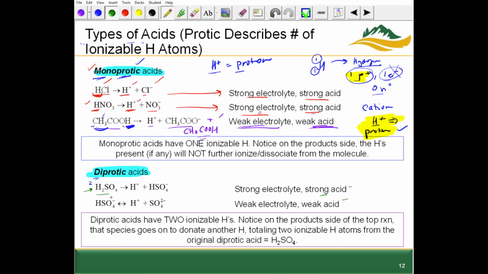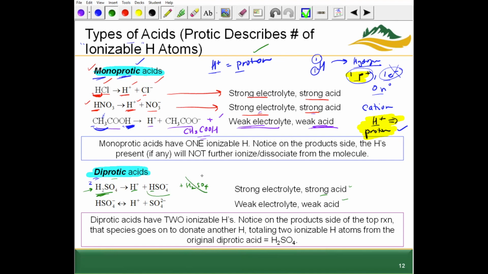So H2SO4 is a diprotic acid altogether because it can technically dissociate 2 hydrogen atoms, or 2 protons, we can say now. So when the first proton dissociates, we still have 1 proton remaining. And we have no H2SO4 fully intact on the product side.